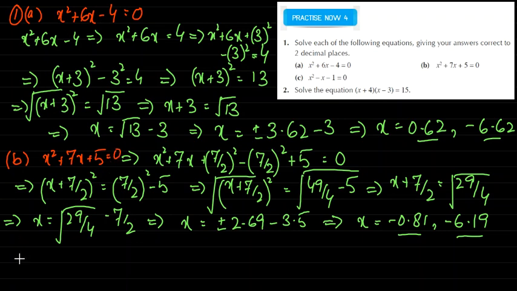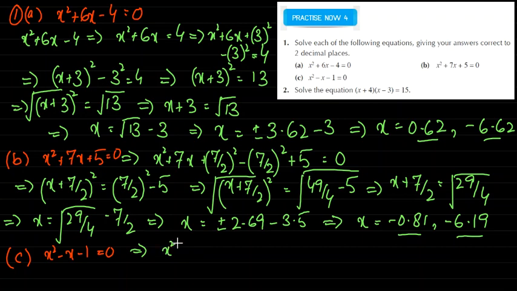Okay, now solving part C. It's x square minus x minus 1 is equal to 0. So how will we solve this question?